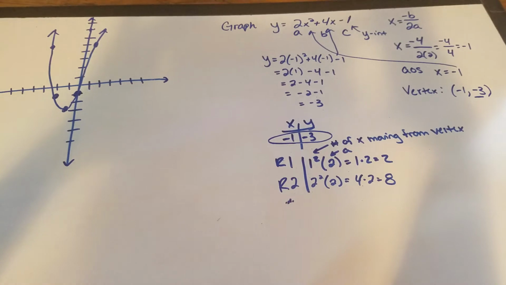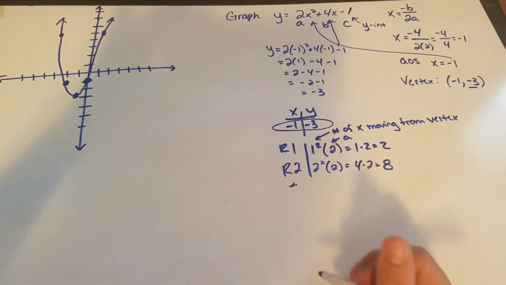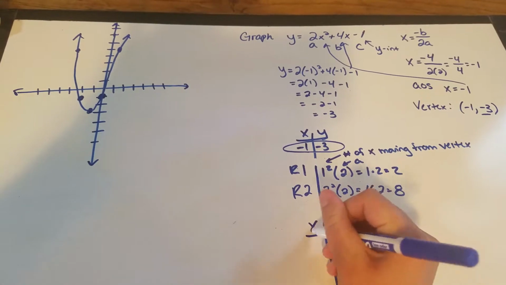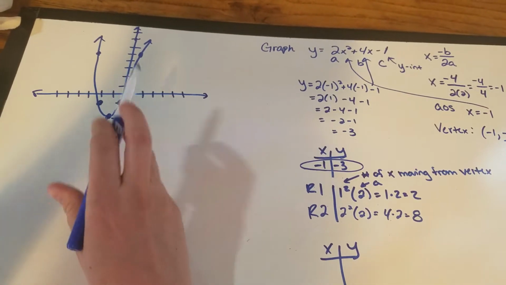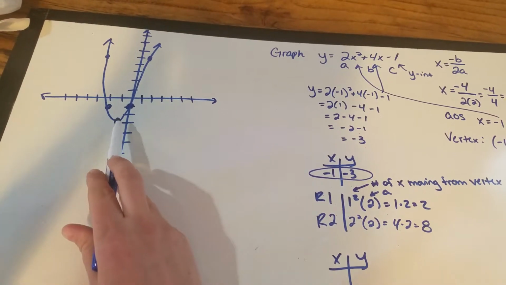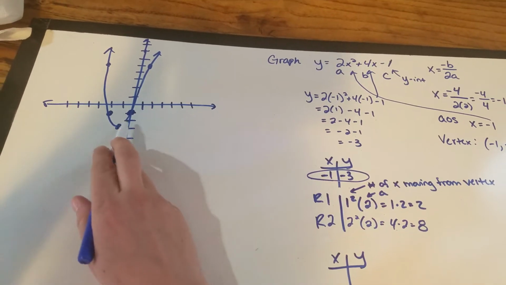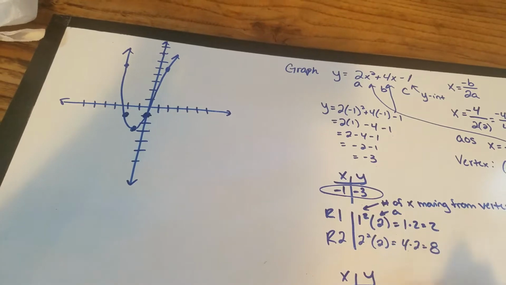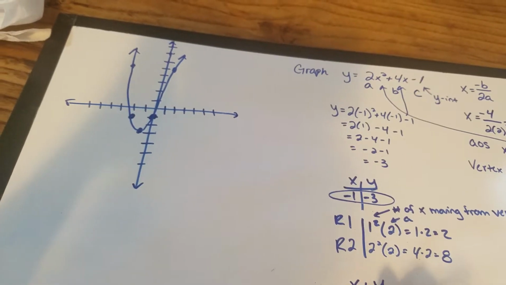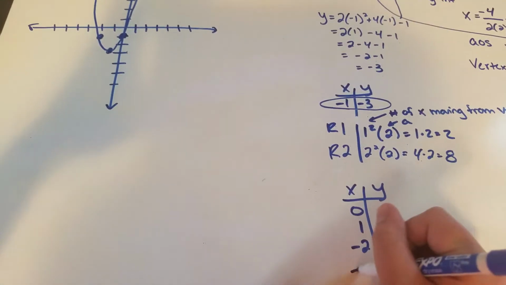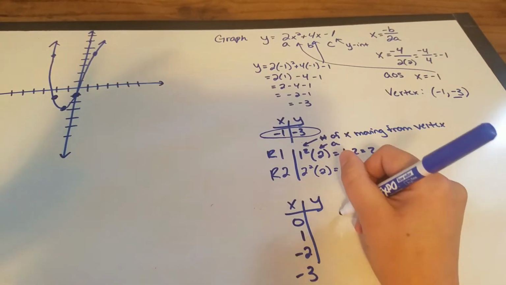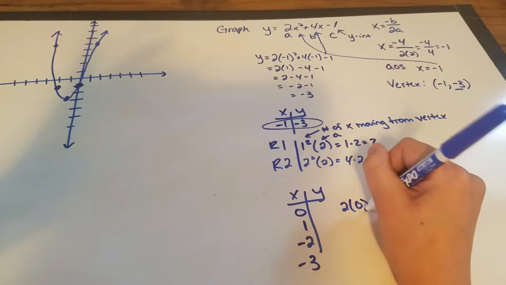Okay, now if you want a t-table instead of the right-left idea, all you would have to do is pick a couple x values to the right and then reflect them over, or you could go one to the right would be 0, another one to the right would be 1, and then you could go the opposite way also, -2 and -3. So if you plug those into your formula, the 0 is really easy to do.